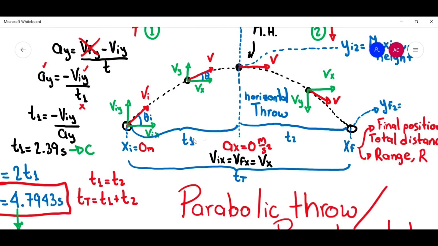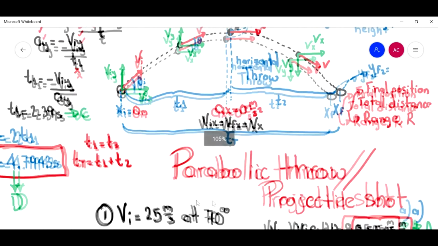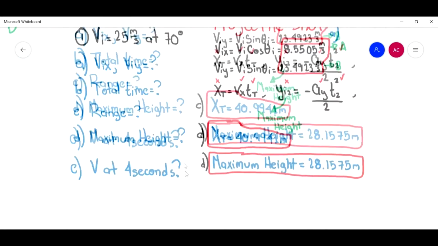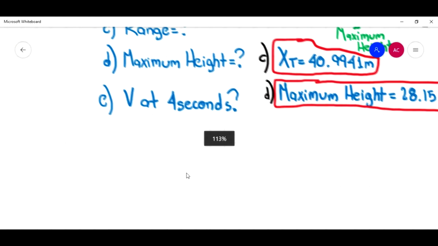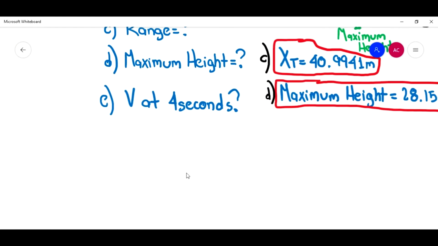If you see, it's going to be in the second segment. That means that the velocity in y is going to be negative. So I need to find the velocity and the angle because I need the magnitude and the direction.